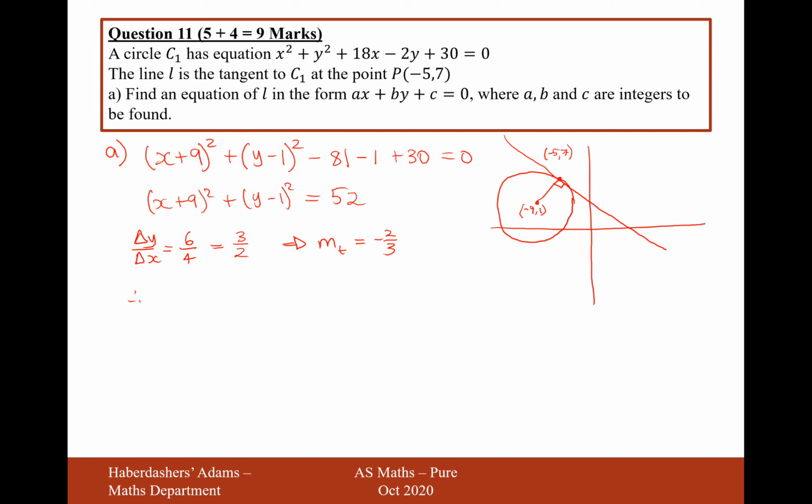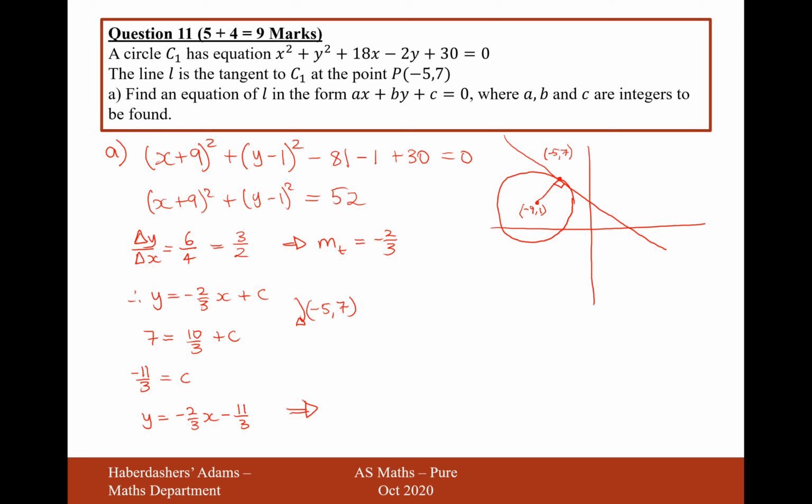So y equals minus 2 over 3 x plus c, and now let's plug in the coordinates of the point it goes through, (-5, 7). So 7 equals minus 2 times minus 5, that would be 10 over 3, plus c. Taking it onto the other side, that would be 21 over 3, so 11 over 3 equals c.